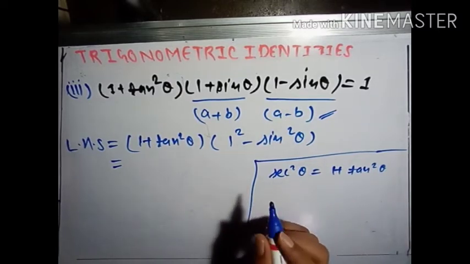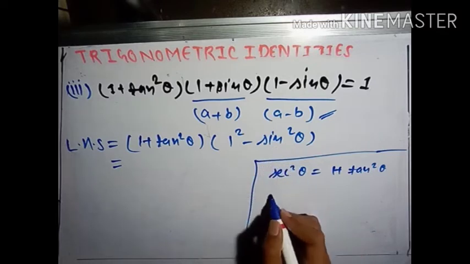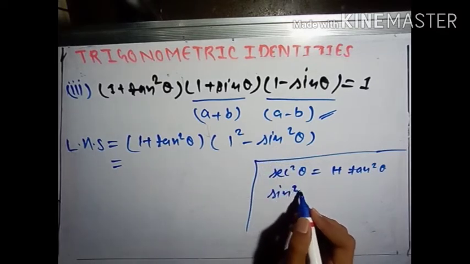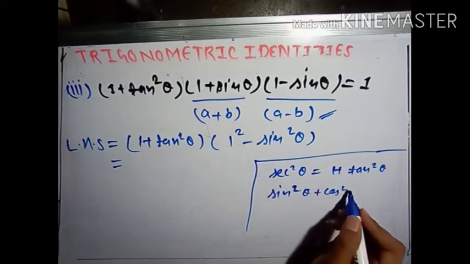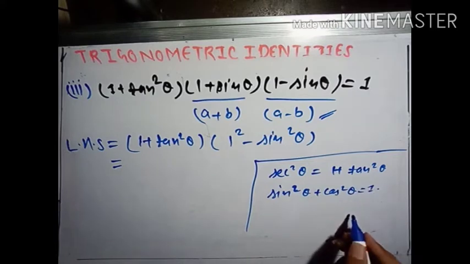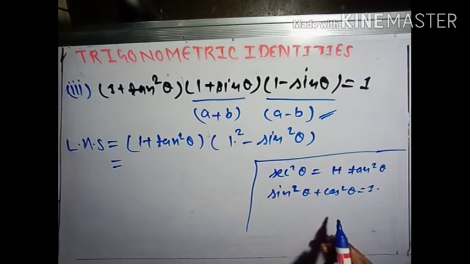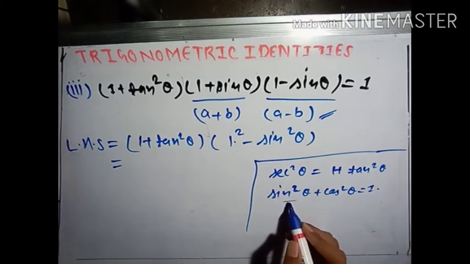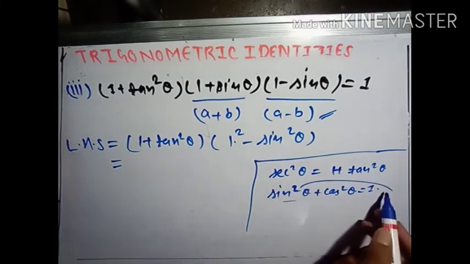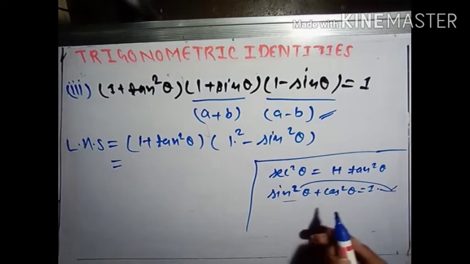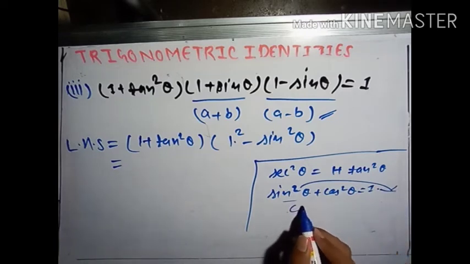And for sine square theta, sine square theta plus cos square theta is equal to 1. But you have to find the value of 1 minus sine square theta. So from here, just shift this sine square theta to the RHS.